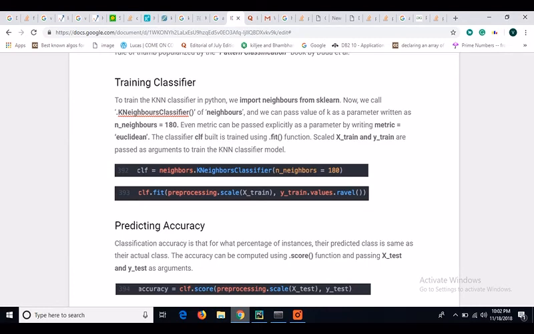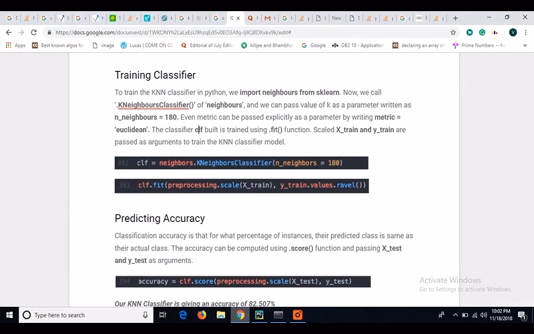If nothing is passed, it assumes Euclidean distance by default. We also pass the value of k in the function's parameter list. We have passed n_neighbors equals 180, which is approximately the square root of the 48,000 rows or instances that our dataset consists of.